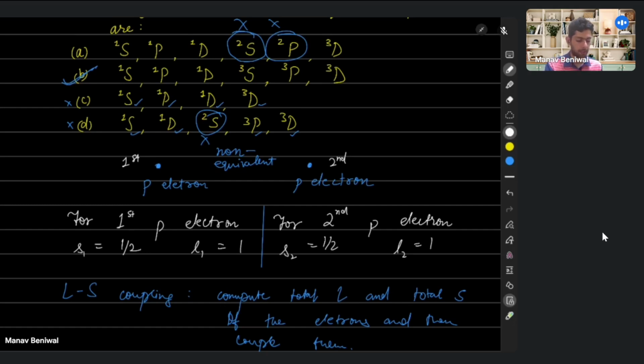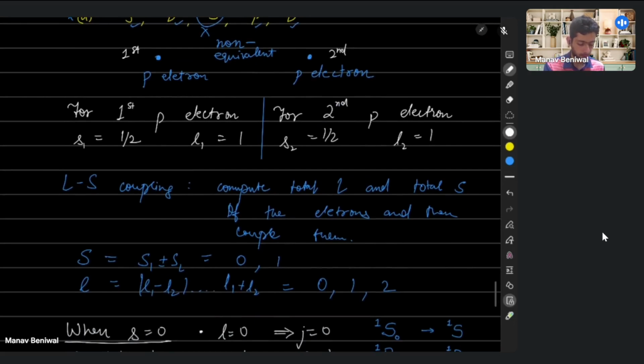Now for the LS coupling scheme, we find out the total spin quantum number S, which is S1 plus minus S2, so 0 and 1, and the total orbital quantum number L, which goes from L1 minus L2 all the way up to L1 plus L2.